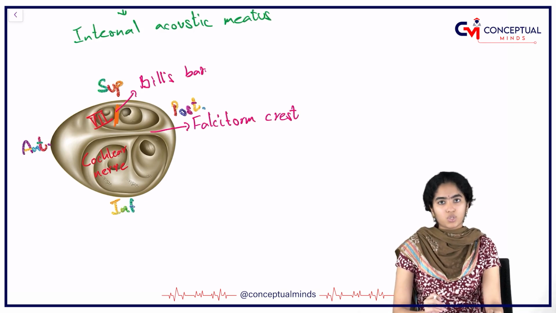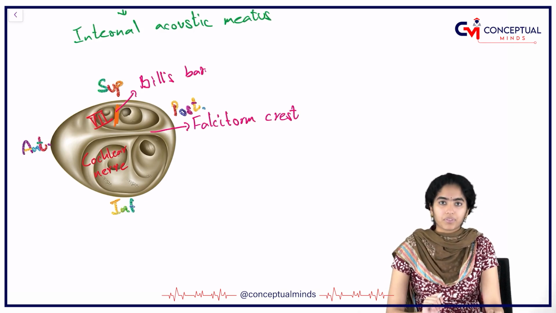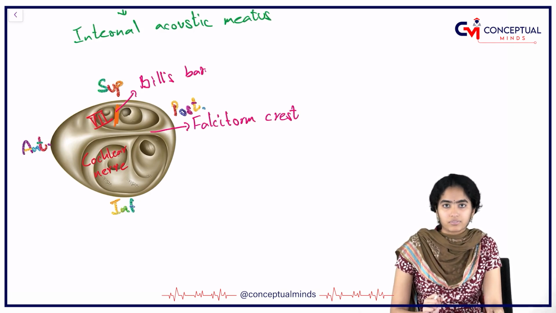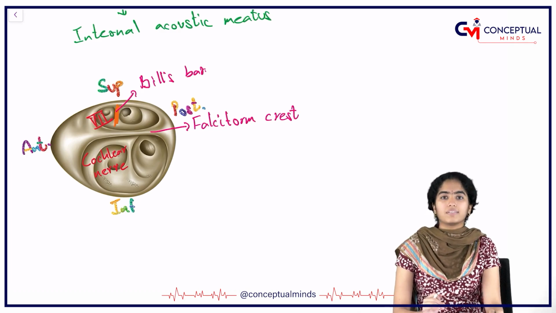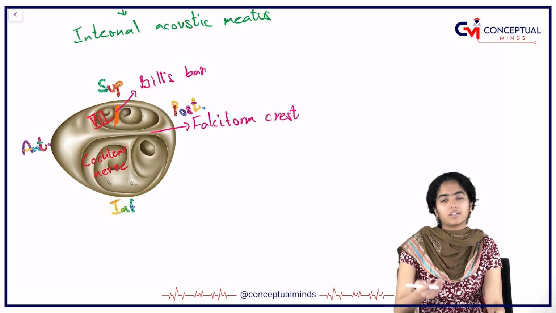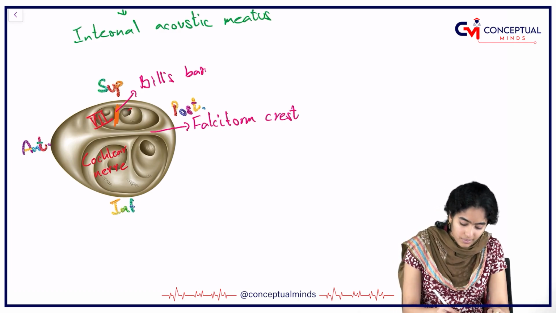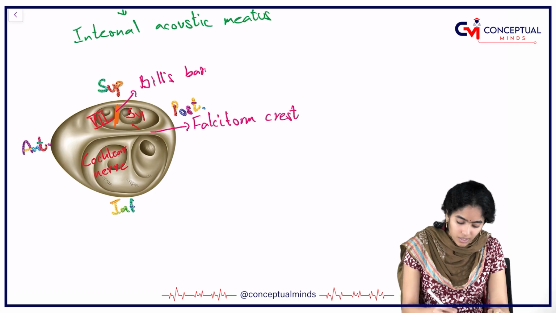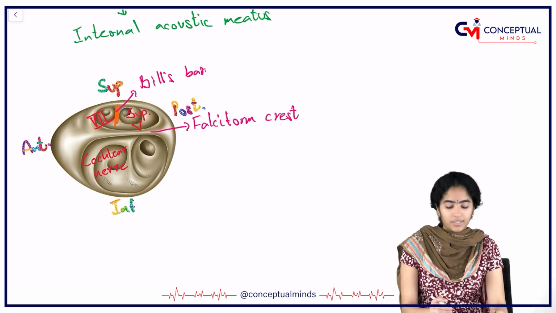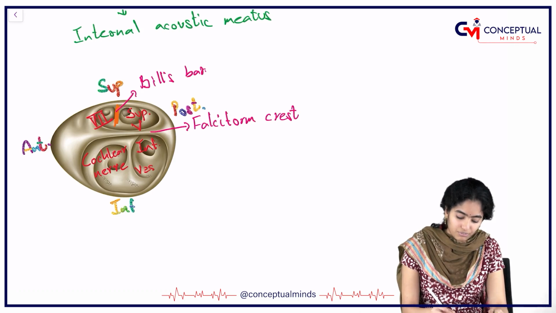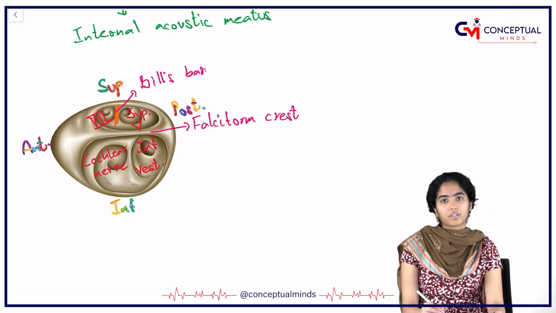The cochlear nerve is also anterior. Now coming to the posterior compartments, superior and inferior, what else is left? The vestibular nerve. This vestibular nerve is divided into superior vestibular nerve and inferior vestibular nerve, and this is very simple. The superior vestibular nerve is in the superior compartment and the inferior vestibular nerve is present in the inferior compartment.